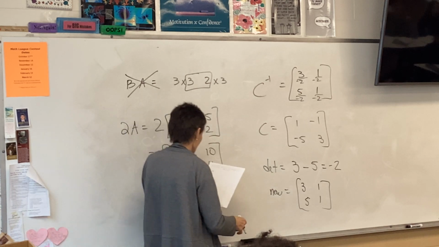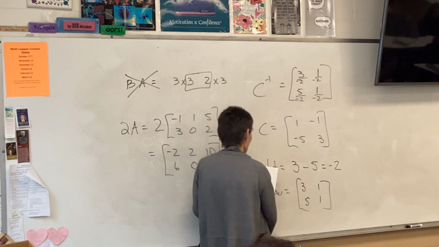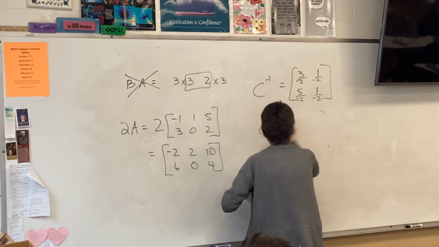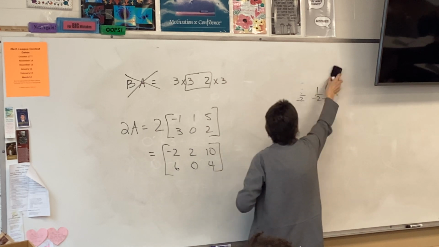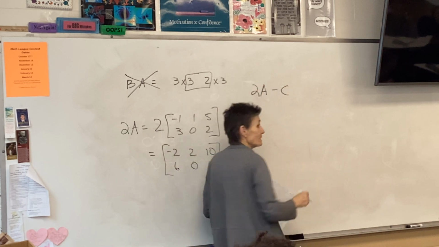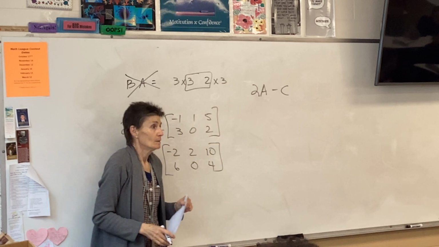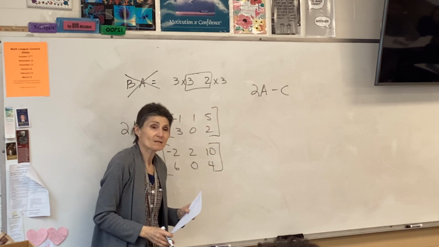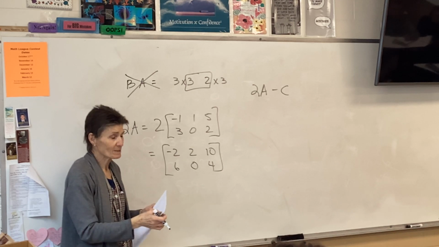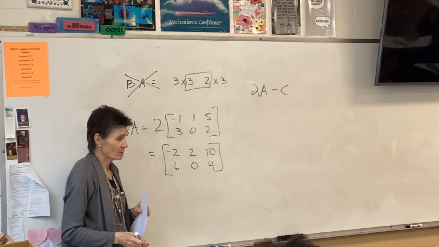Now, what about 2A minus C? Can I take 2A minus C? No. What are the dimensions of A? 2 by 3. What are the dimensions of C? 2 by 2.